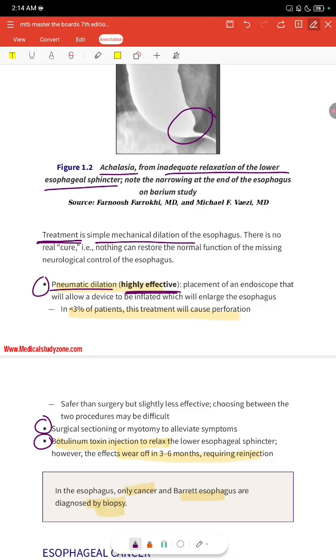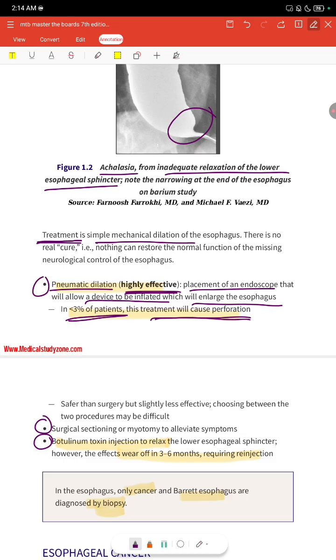Pneumatic dilation is basically placement of an endoscope that will allow a device to be inflated, which will enlarge the esophagus. But the point is, in less than 3% of the patients, this treatment will cause perforation.